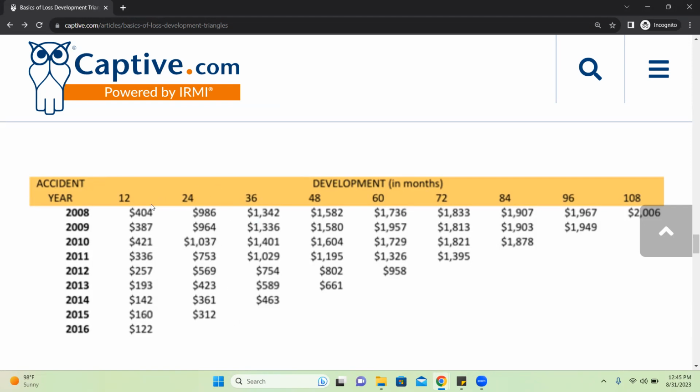But still, as new claims have been submitted, less claims have been paid out. So hopefully this helps you interpret paid claims loss triangles.